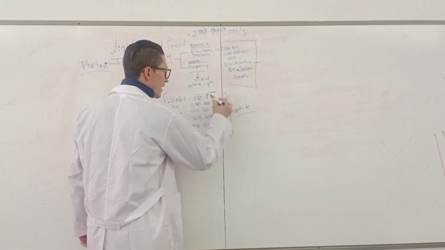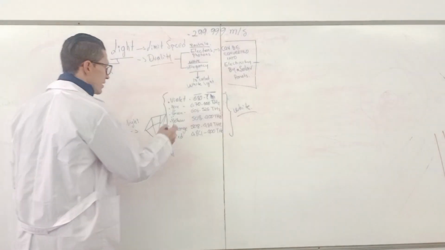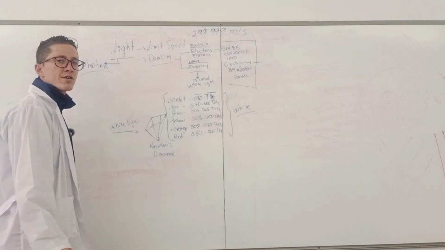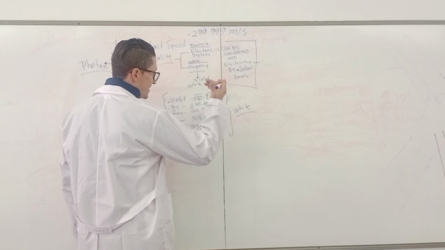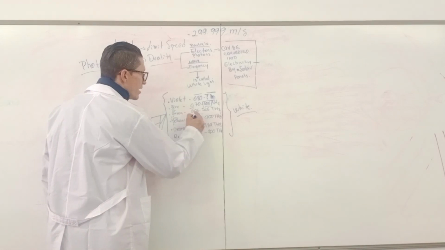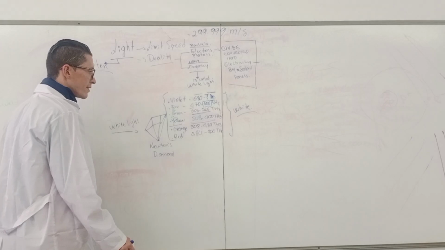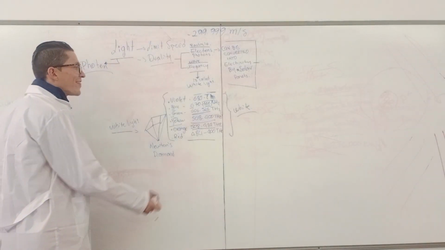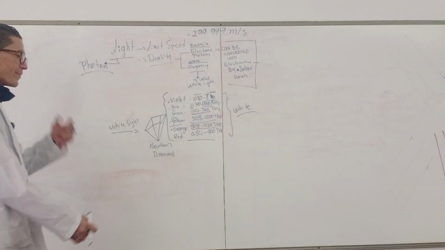Hertz is the measure of all the frequencies. Blue is equal to 670 down to 608. Green, this is; yellow, this is; orange, this is; red, this is. And the sum of all of those frequencies is equal to white.